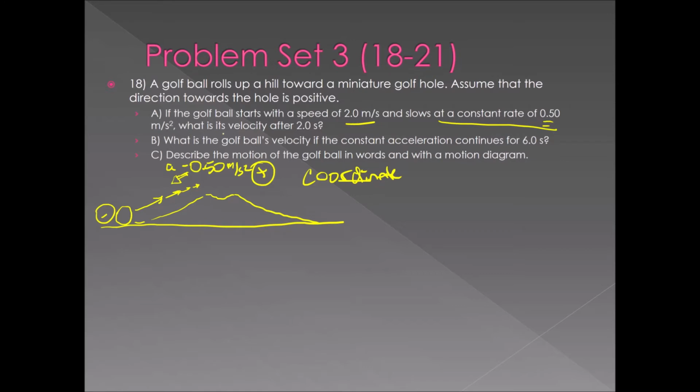We want to know what the velocity is after 2 seconds. Well, we learned that final velocity is any initial velocity that it had plus average acceleration, times time. We're not going to deal with any jerky motions, so it's always going to be average acceleration in this course.